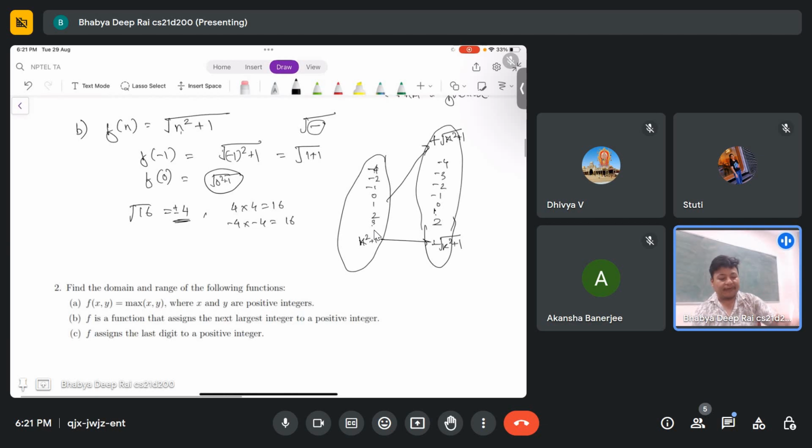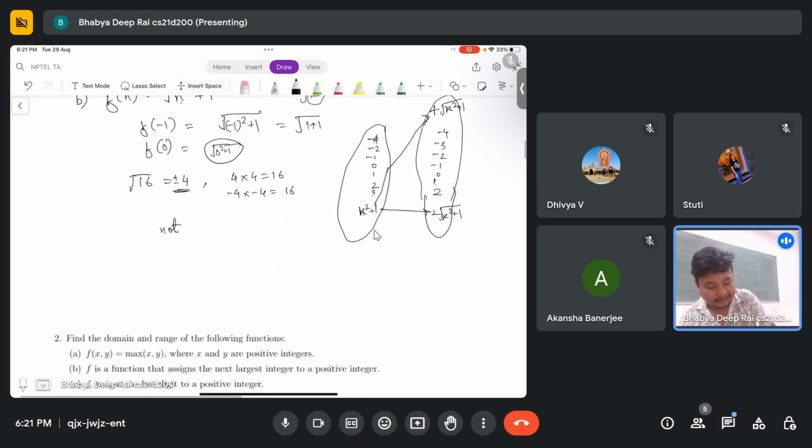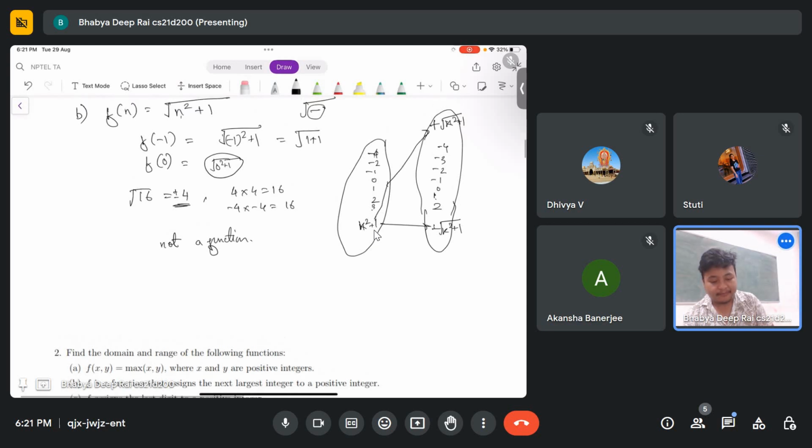So it's mapping to two different numbers, right? So this is clearly not a function. I hope that is fine. It is not a function because it maps to two different places at the same time.